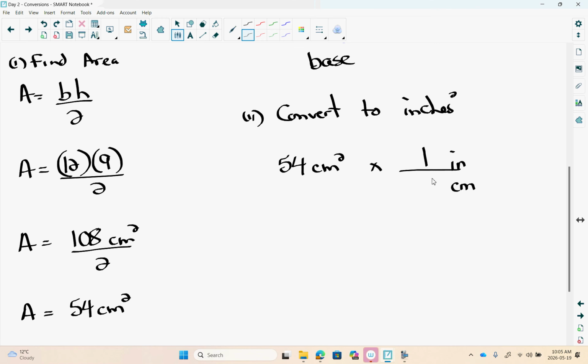It says 1 inch is equal to 2.54 centimeters. What's the problem there, though? This is only centimeters to the power of 1. I'm going to have to square this. We do our exponents first. What's 1 inch times 1 inch if I square the numerator?